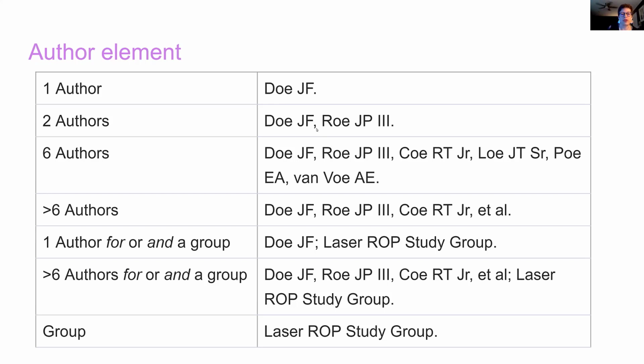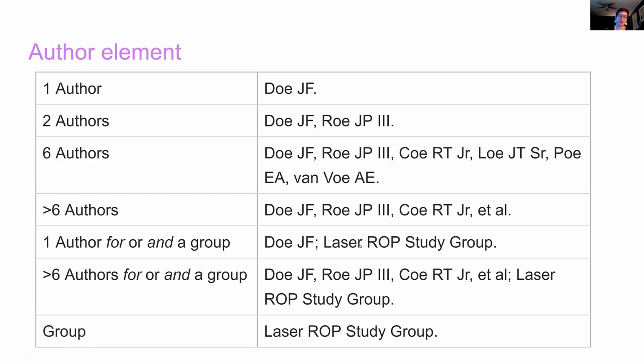If you have 2 authors, you will separate them with a comma. You will list up to 6 authors if you have 6 or fewer. Once you get more than 6 authors, you will list the first 3 separated by commas, and then et al. Period. So if it's 20 authors, you will still just list the first 3 and then put et al. Period.